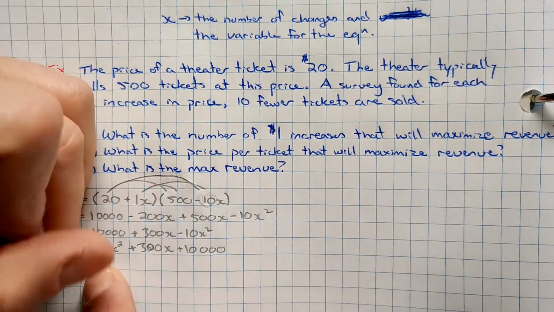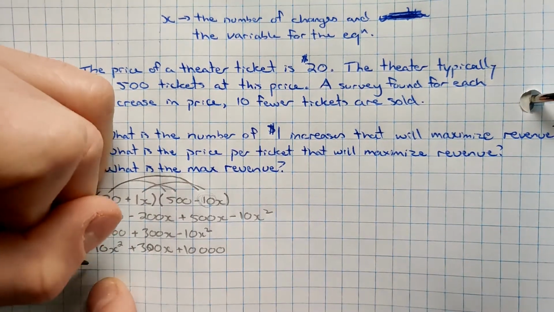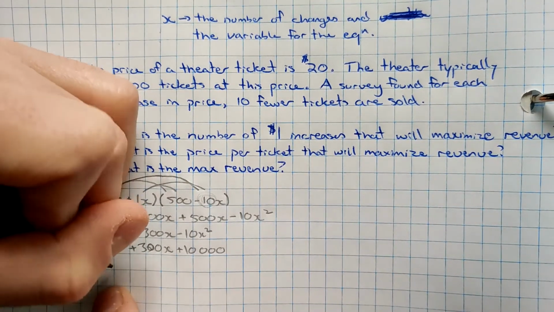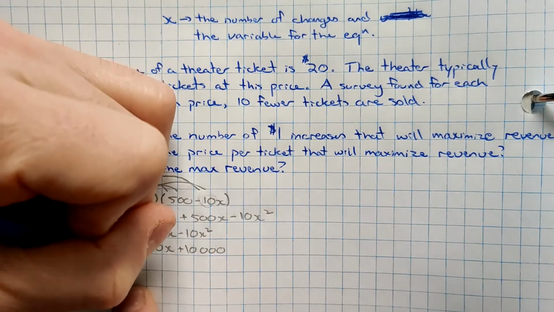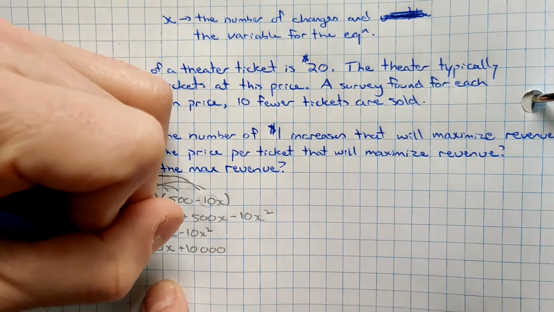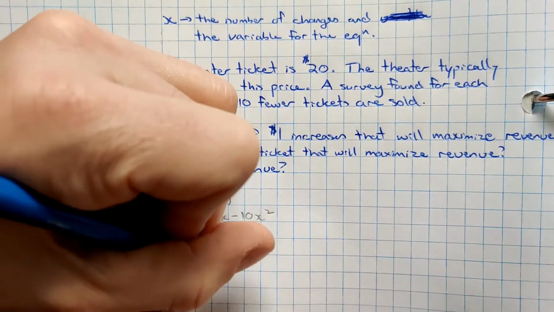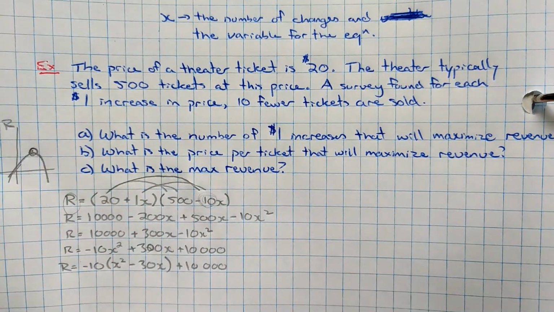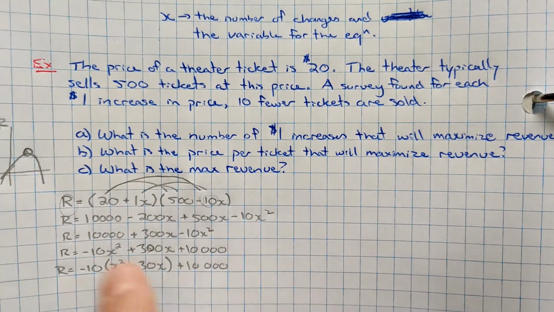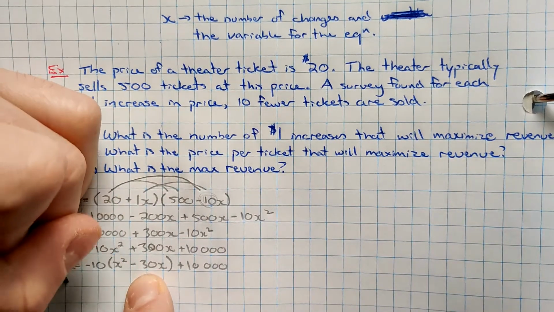Now, let's complete the square here. We're going to divide out the A value. Negative 10 gets divided out of the first two terms, so that's going to give me negative 30x plus 10,000. Now, half of this squared.